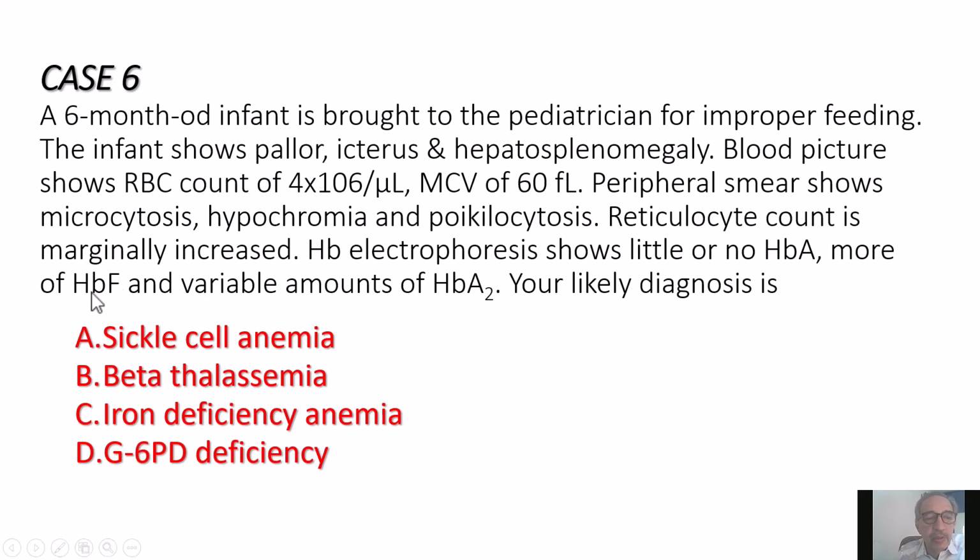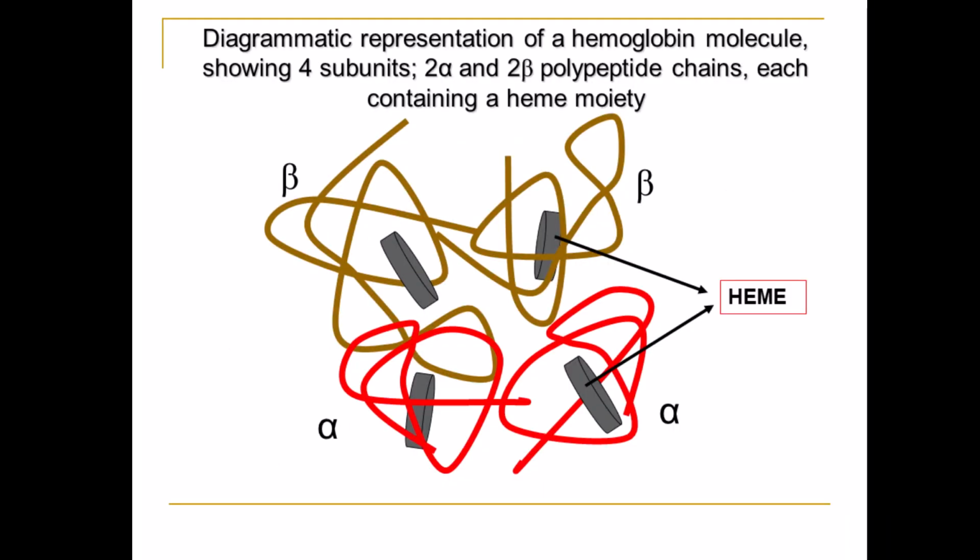Fetal hemoglobin will be increased in this condition. You can see the hemoglobin molecules with 2 alpha, 2 beta globin chains with the heme molecules embedded inside the globins. In thalassemia, the beta chain synthesis will be affected.